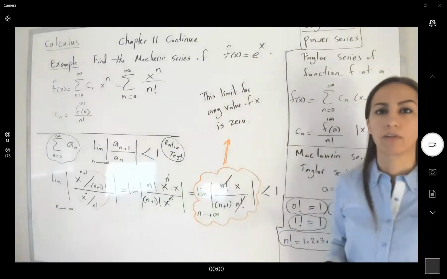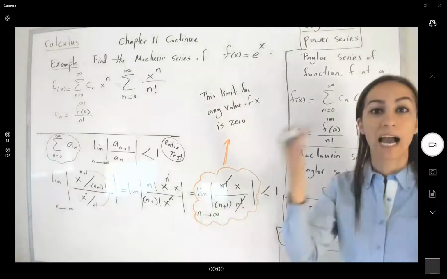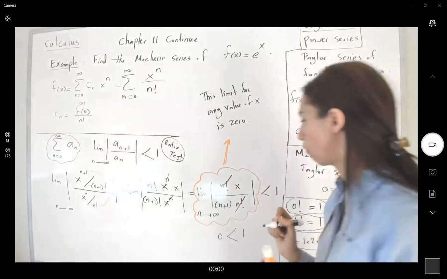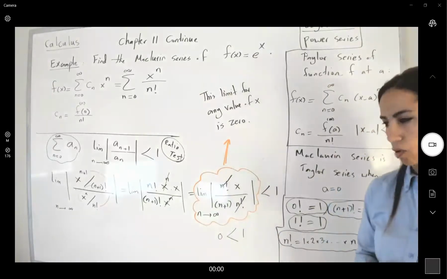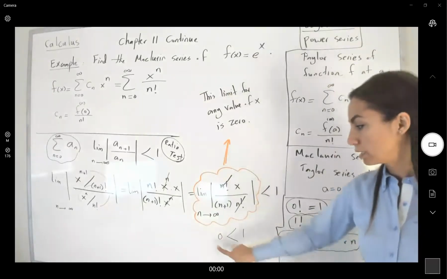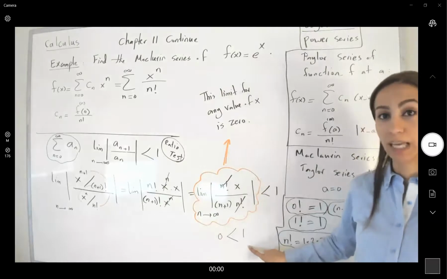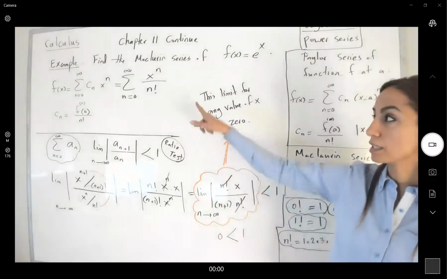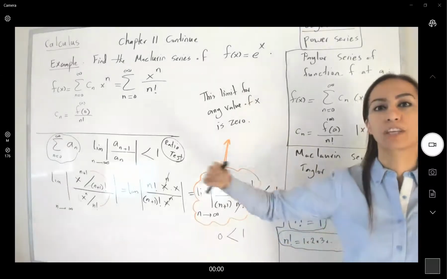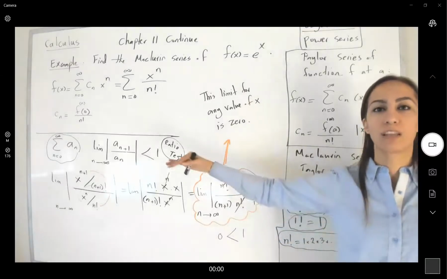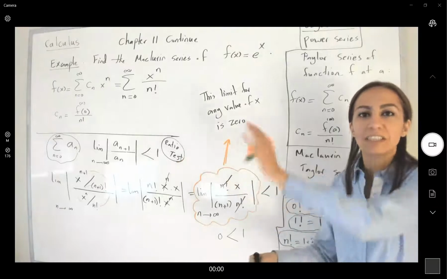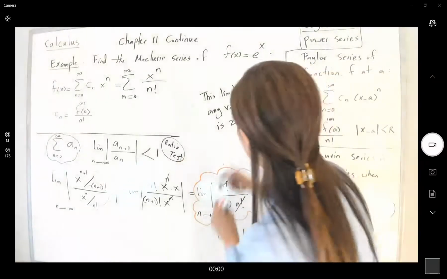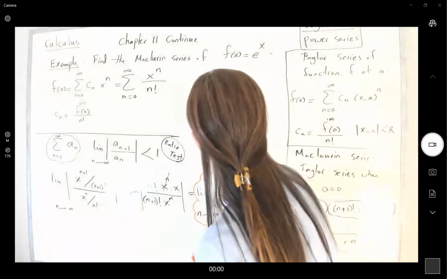So what's the meaning of that? It means that we have 0 less than 1. Since this is a true statement, it means that this series is convergent over the real line, negative infinity to positive infinity.